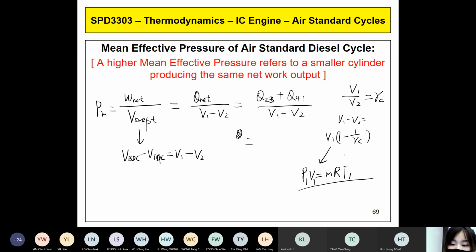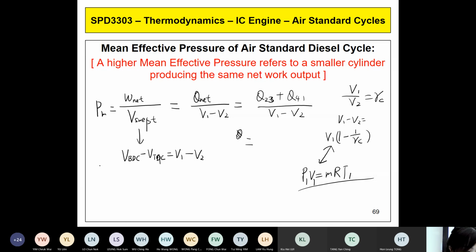By using this equation, we can calculate V1. And for Q, the heat supply and heat reject, you already know the equations, right? You already know how to calculate it. So let's put everything into this equation.